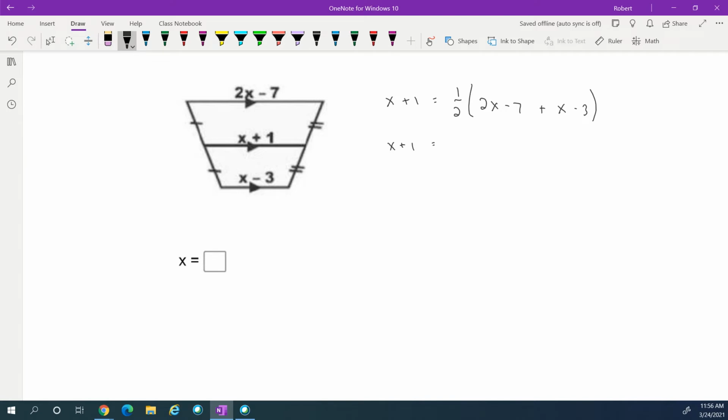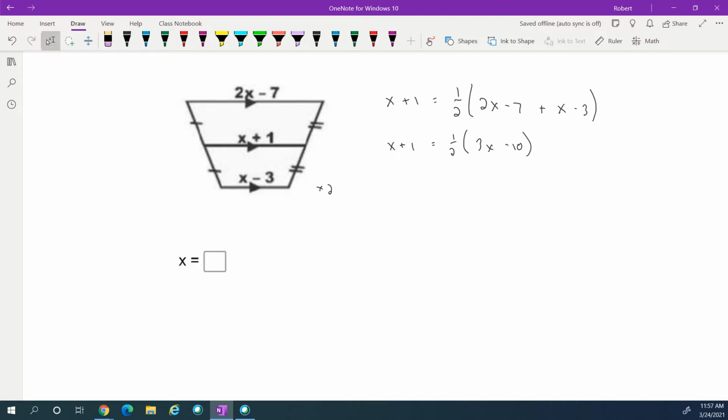So we're going to work that out. Combining like terms, looks like 3x minus 10. Now, algebraically, you can handle this two different ways. You can multiply both sides by 2 to cancel out the 1/2, or you can distribute the 1/2.